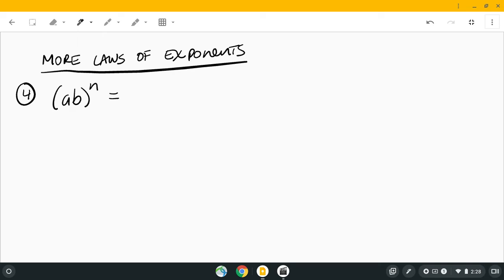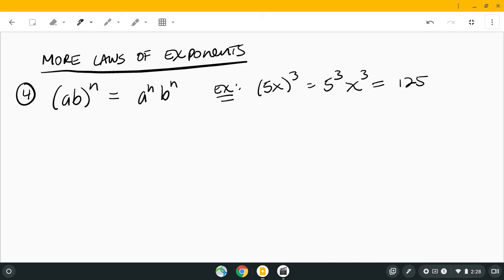Everything in there is a base, and so everything in there gets this exponent. So for example, if you have 5x raised to the 3rd, then the 5 would get the exponent, and so would the x. And this, of course, is just 125x cubed.